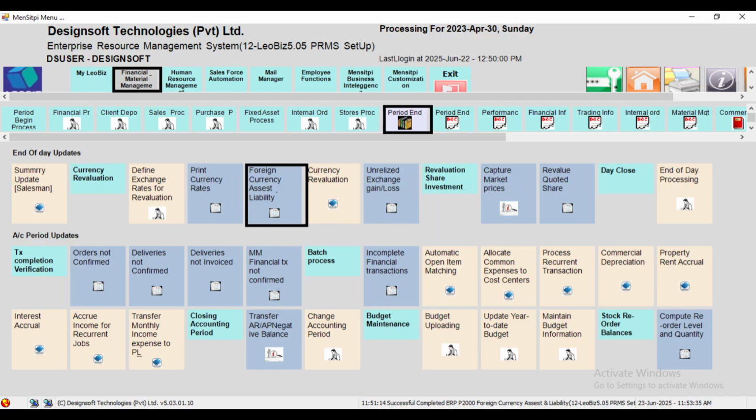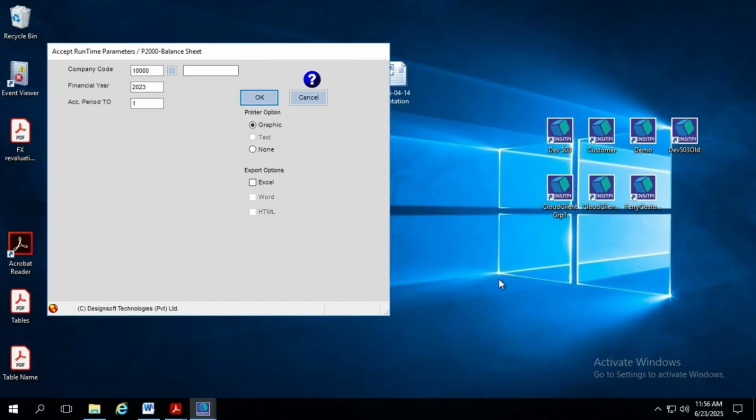The accrued profit and loss can be obtained by executing the foreign assets and liabilities function.